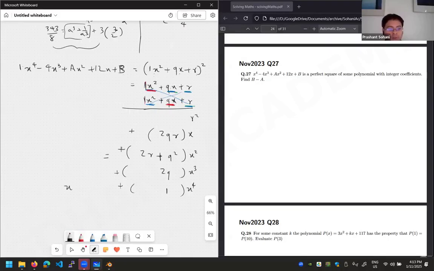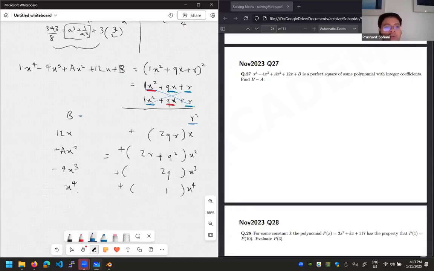So if I write it term by term, x raised to 4 has to match with x raised to 4, x raised to cube has to match with this one, then plus A x square plus 12x plus B. If I compare the coefficients, I'm going to get all the information I need.